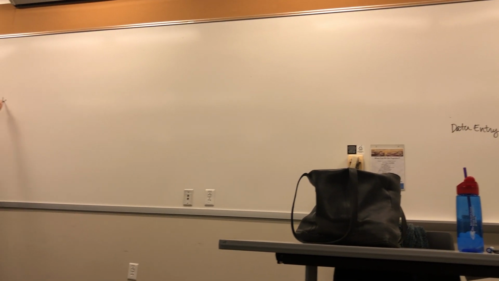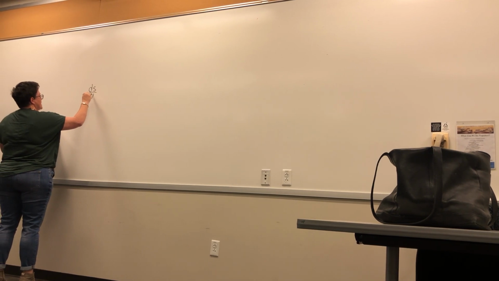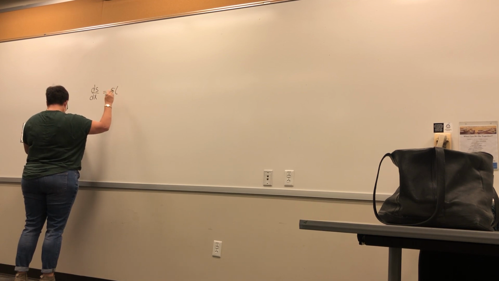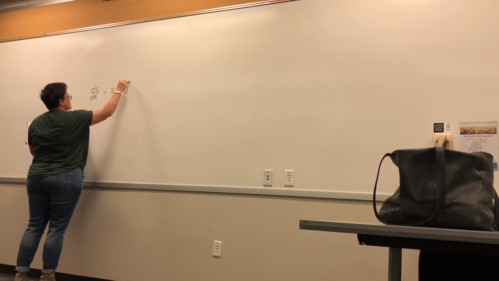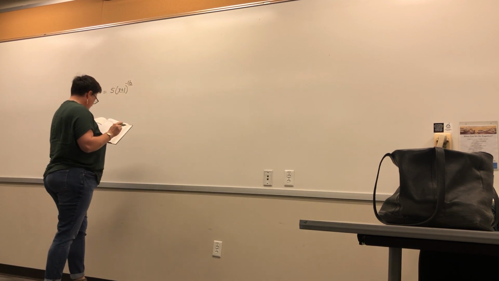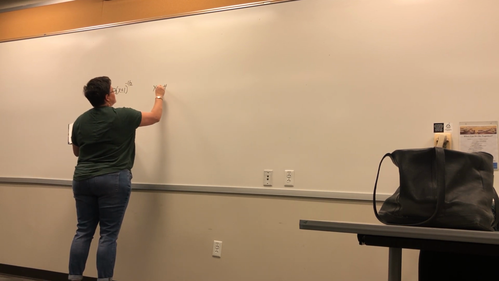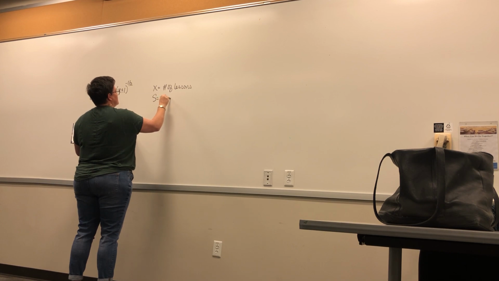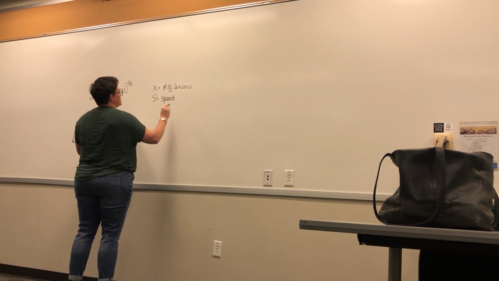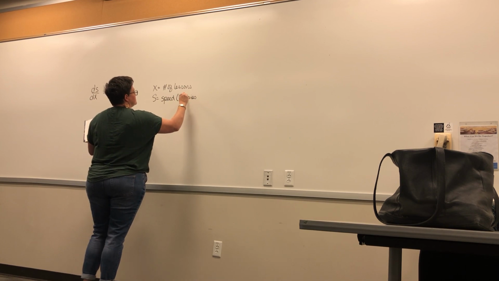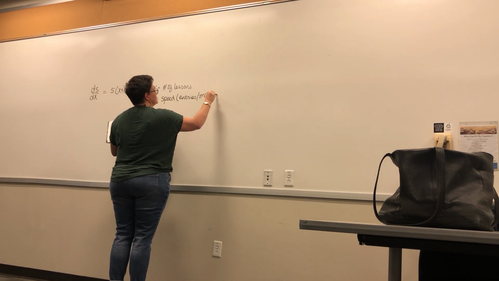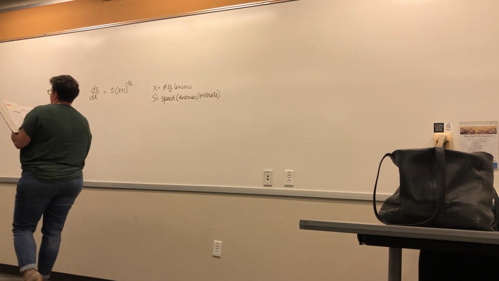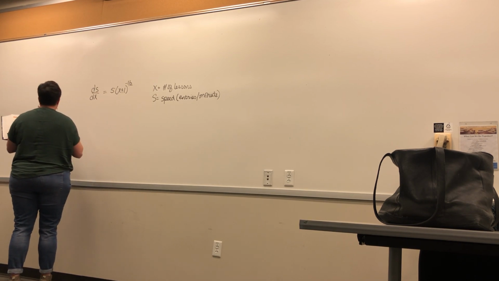So we have the derivative of the speed with respect to x, and that equals 5 times x plus 1 to the negative 1/2, where x is lessons and s is speed, which is entries per minute. Find the data entry speed as a function of the number of lessons if the average student can complete 10 entries per minute with no lessons.